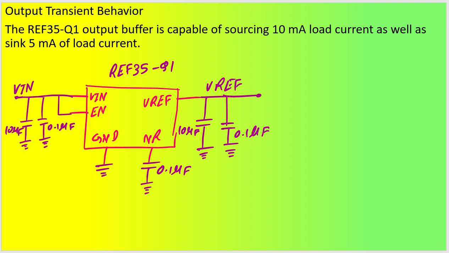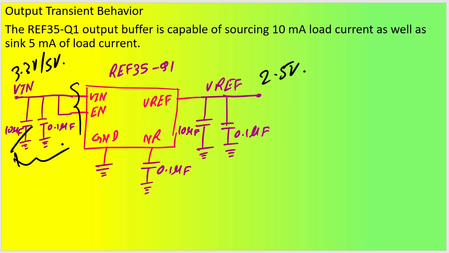Now let me give you the basic connection of a particular application. If you implement exactly this circuit, it will definitely work. Let us say you have an output voltage requirement of 2.5 volt, then you must give an input voltage of, let's say, 3.3 volt or 5 volt. 10 microfarad of 16 volt will do, even 25 volt will do.